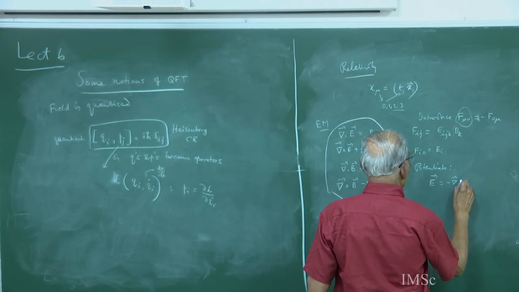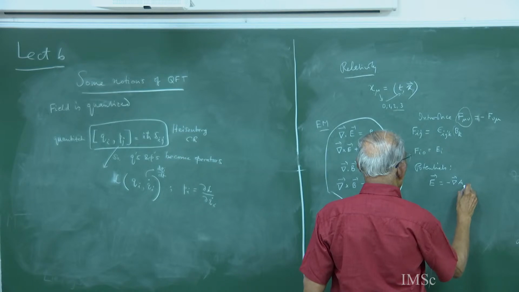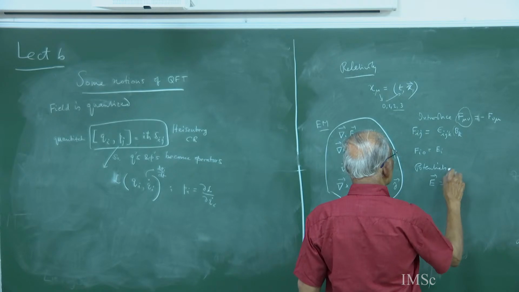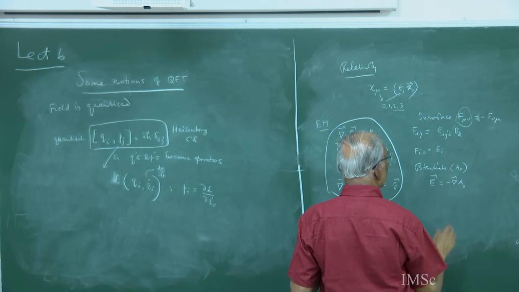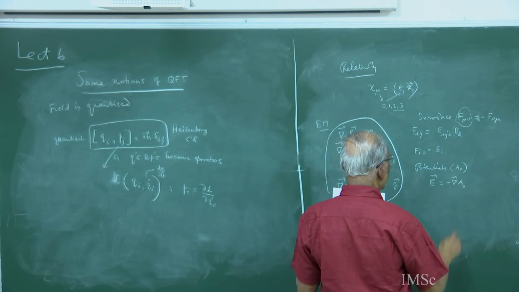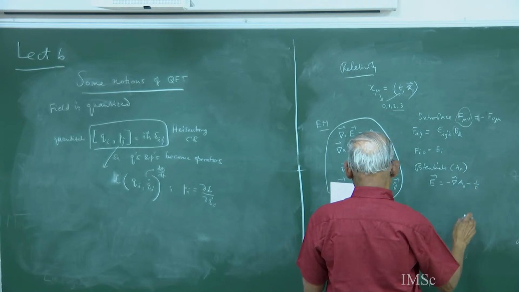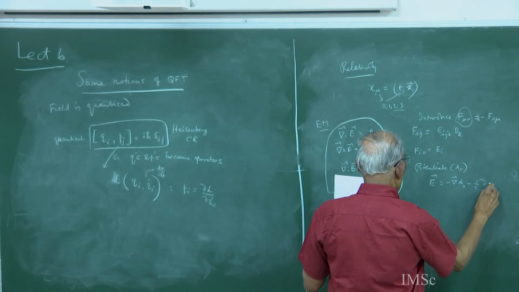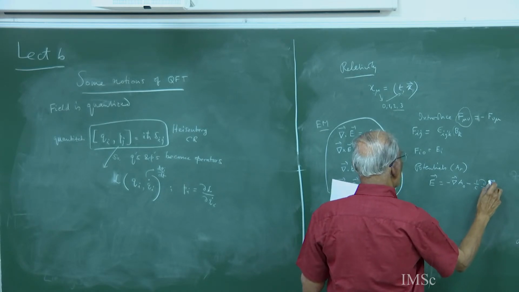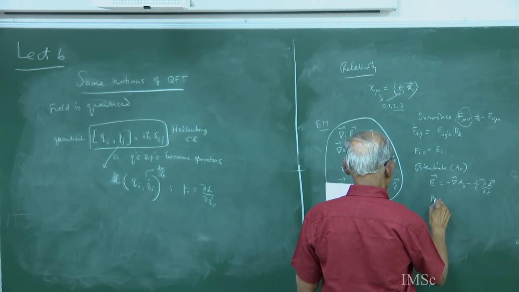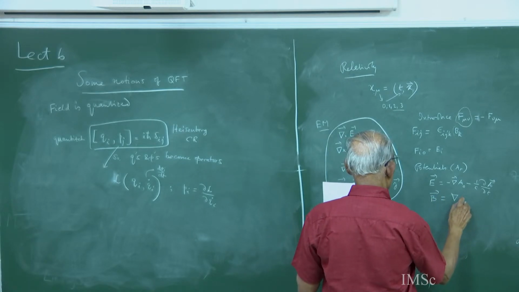So the scalar potential, which we normally write as phi, I will call A^0, because it becomes the 0th component of A^μ, and the spatial components of this are the usual vector potential, but in general this is not complete. We also have to write minus 1 over c, or plus, I do not remember, please check, dA/dt. The spatial derivative of A^0 and the time derivative of A give you the electric field, and the magnetic field is simple, which you already know, the curl.